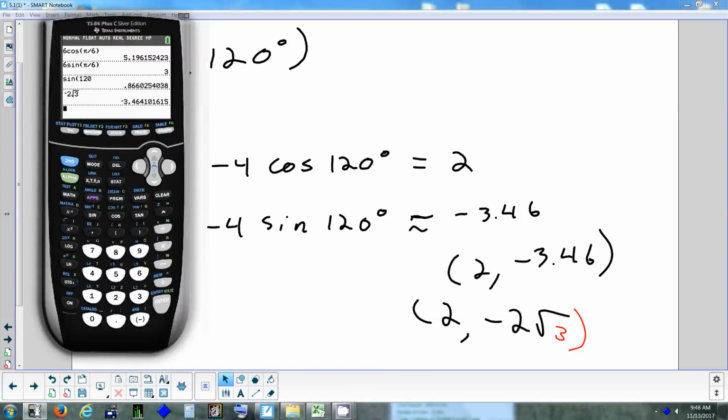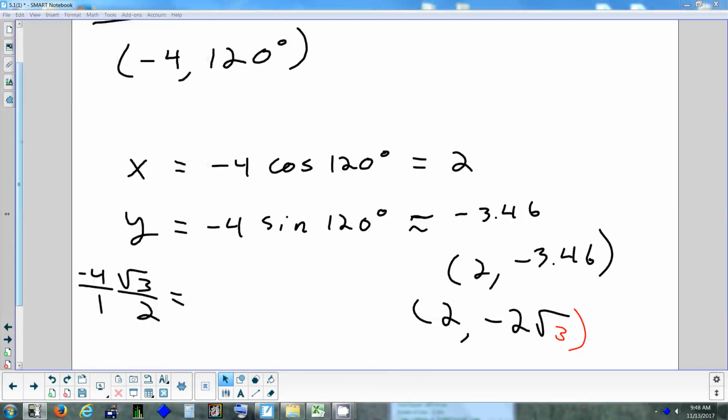Okay, so if you don't remember how to change it, just change the answer on the test to a decimal, and then it should match up with what you got. It might take a little longer, because if you have 4 choices, you'd have to change all 4, and then pick the one that matches yours. Okay? But any question on that idea? If something's written as an exact answer on the test, how to change it to a decimal to match it up to what you get.